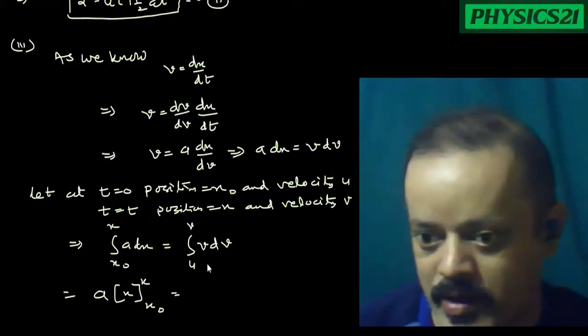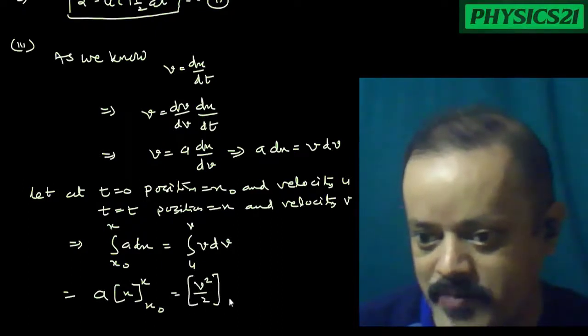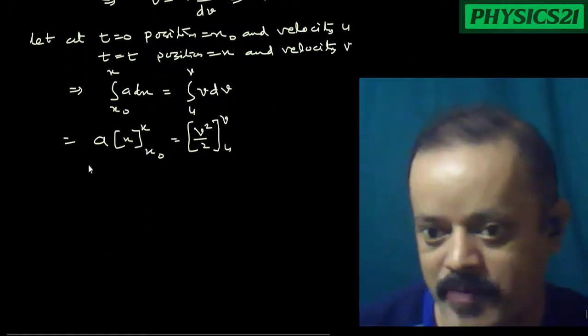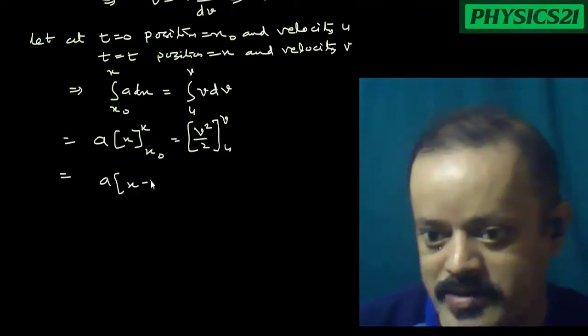Here integration of v with respect to dv is v square divided by 2, and the limits are from u to v. Now further simplify. It is a in bracket x minus x naught is equal to 1 by 2 in bracket v square minus u square.